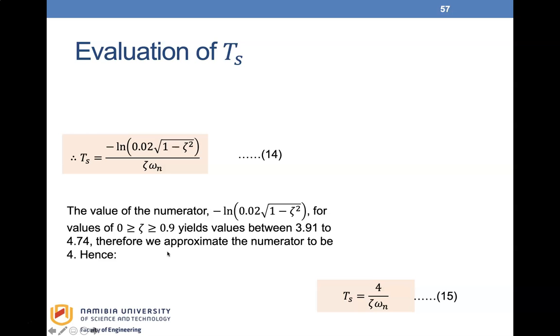You can verify these by substituting the values of zeta in this range into this equation, and for each of these you will get a value between 3.91 to 4.74. Therefore, we approximate the numerator to be 4. Hence, we can write our settling time T subscript S to be equal to 4 over zeta omega subscript n.